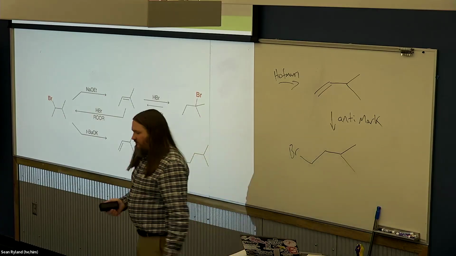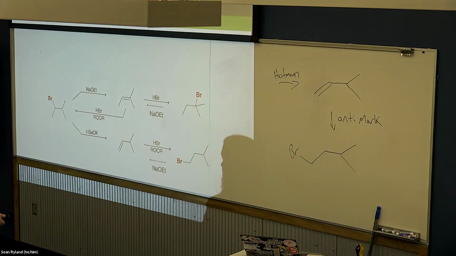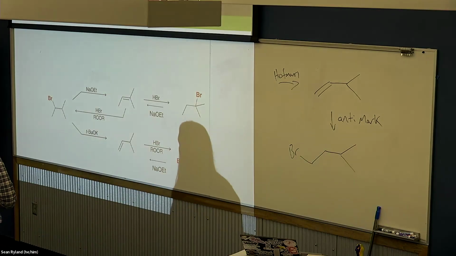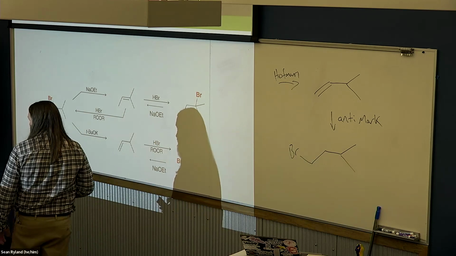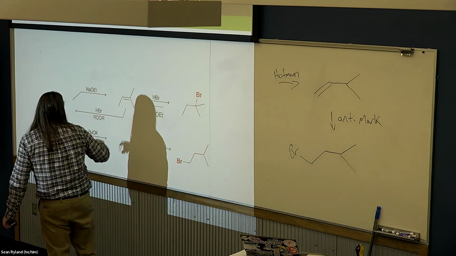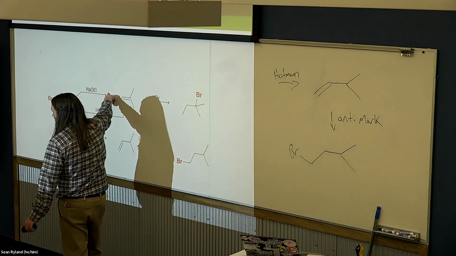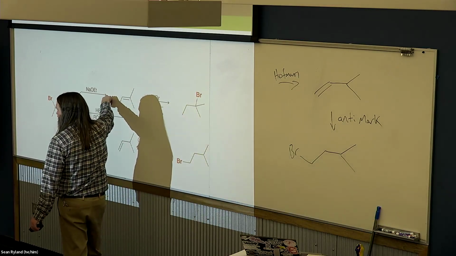All right, so here's one way to think about these reactions. This is the same information that we just drew, just with all the details filled in. If we're starting here and we want to make the Zaitsev product, we use a strong base, but not a sterically hindered one.